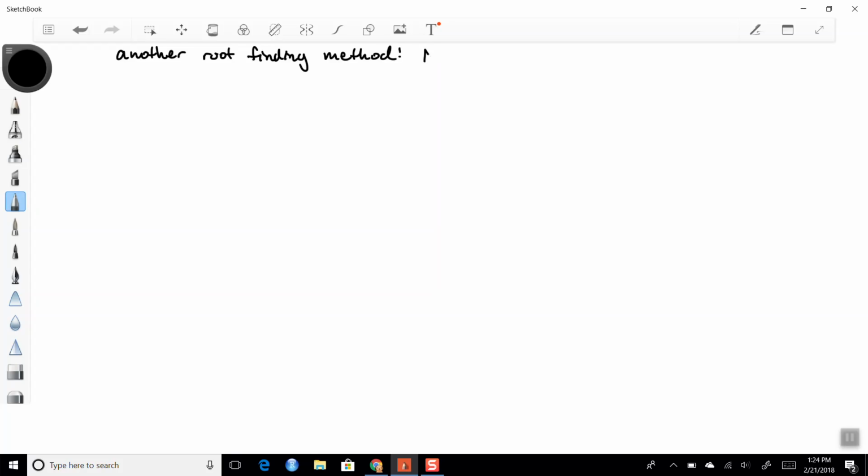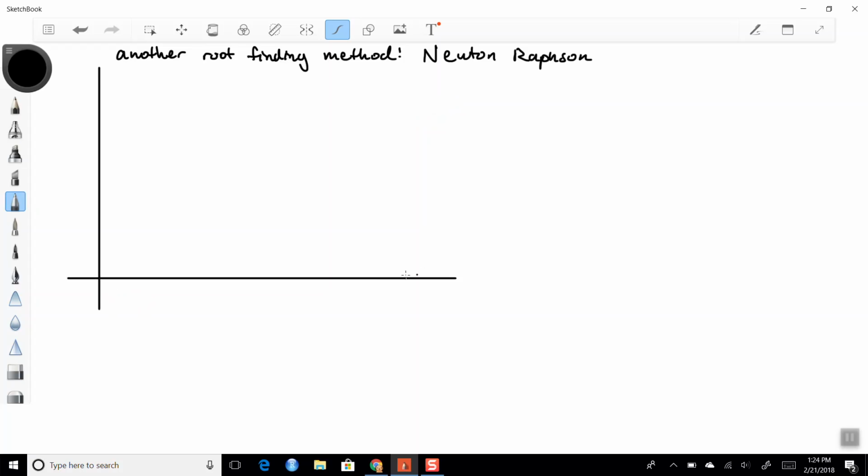Another root finding method, and this is Newton-Raphson. Okay, and the way this works is, let's say you got, let's make this a little bit curvier.